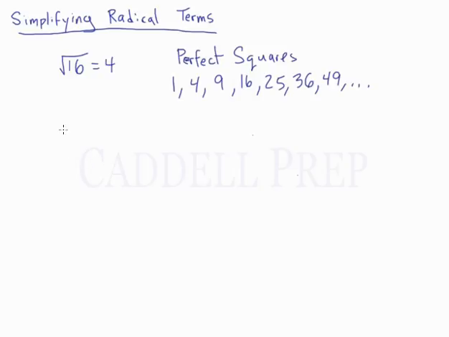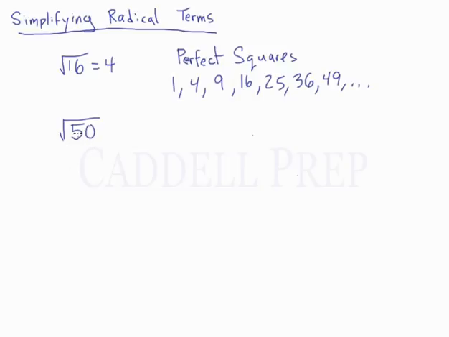But what happens when we have the square root of a number that isn't a perfect square, such as the square root of 50? If we put this in a calculator, we'll get some decimal number. But we want to simplify this so that we have a number and a radical.